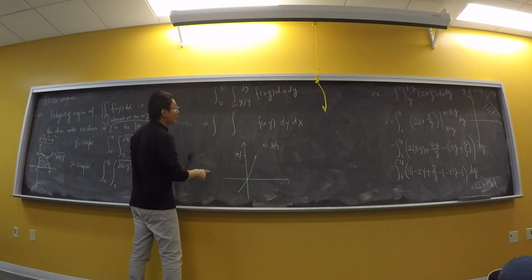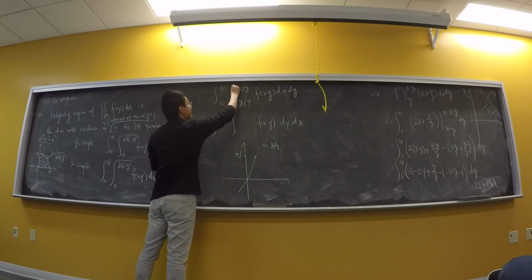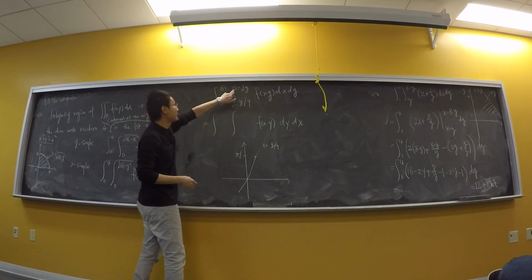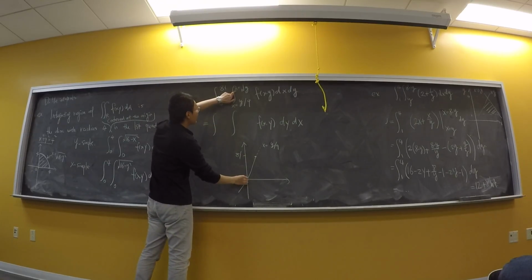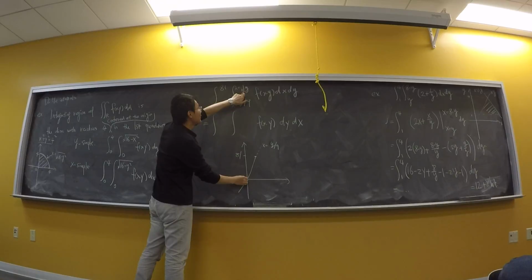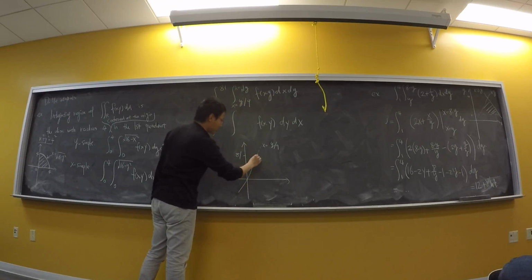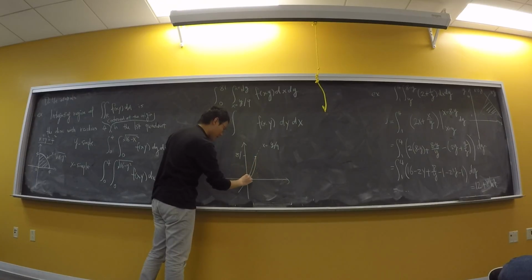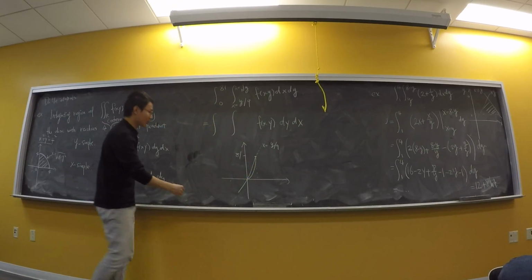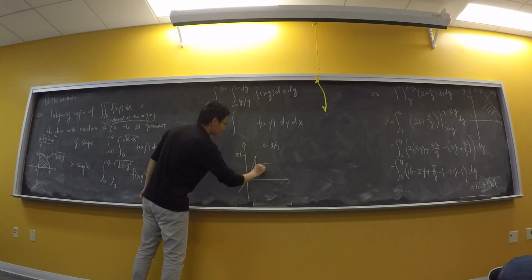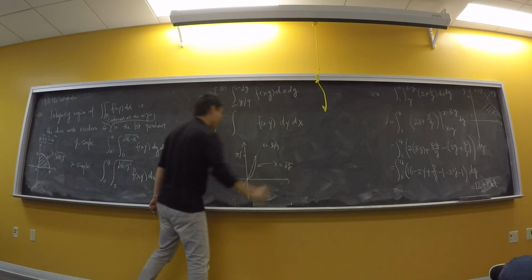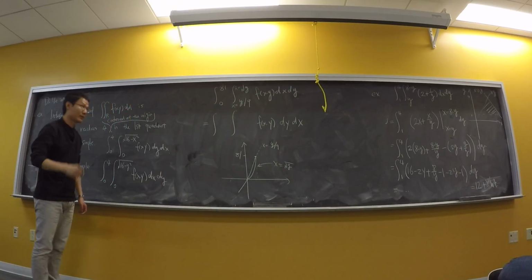And the right curve is going to be x is equal to the square root of y, all right? So it is still going to pass through (0, 0), and when y is equal to 81, x is equal to 9. So these two will actually meet at this point. Okay? So this is the curve x is equal to the square root of y, so y is equal to x squared.